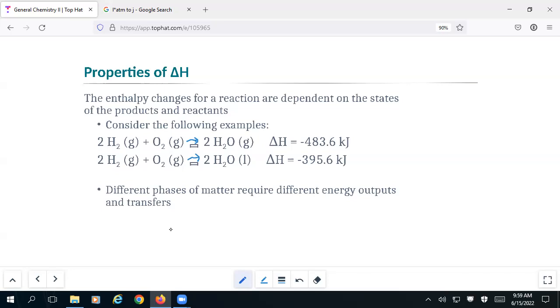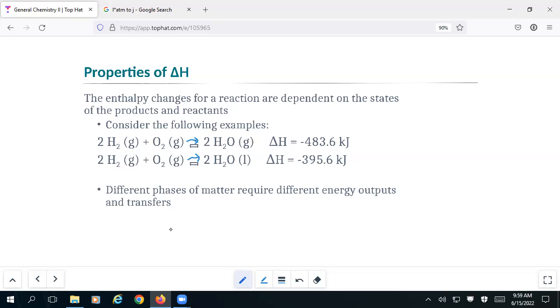But we have to understand now also that the phase of matter associated with our chemical reaction is going to have different energy values associated with it. Gases are going to be higher energy than liquids. Liquids higher energy than solids. And so looking at the difference in our perspective, we've got the same chemical reaction here in both cases.